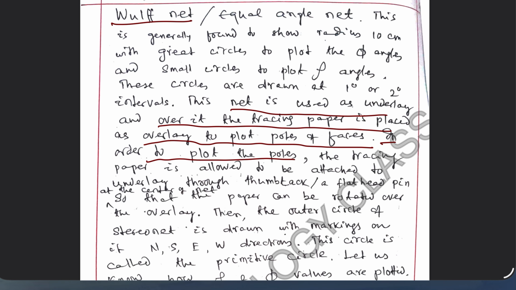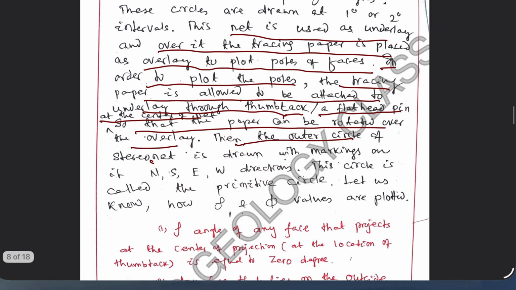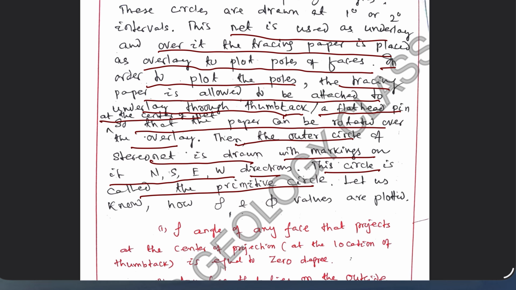In order to plot the poles, the tracing paper is attached to the underlay through a thumbtack, which is a flat head pin at the center of the net, so that the paper can be rotated over the underlay. Then the outer circle of the stereo net is drawn with markings on it, north, south, east, west directions. This circle is called the primitive circle.